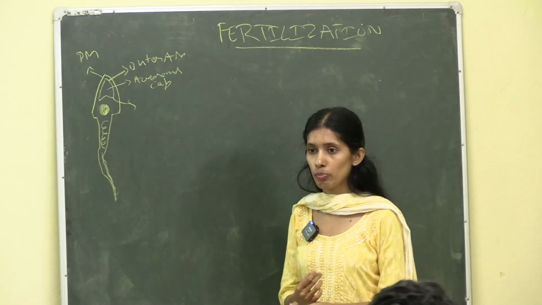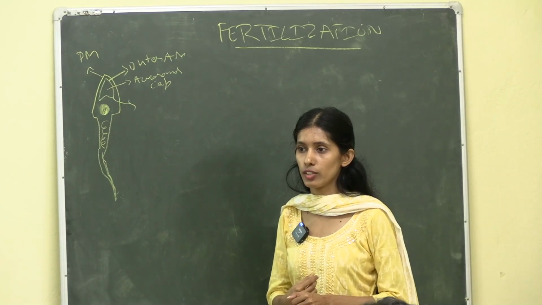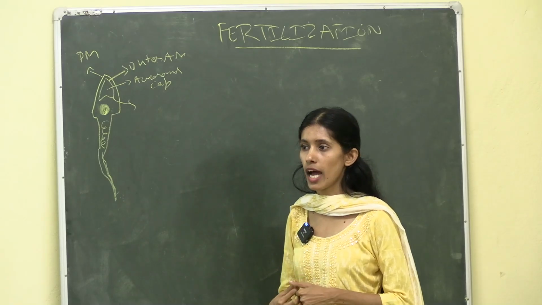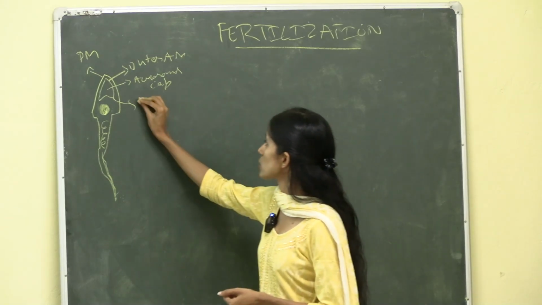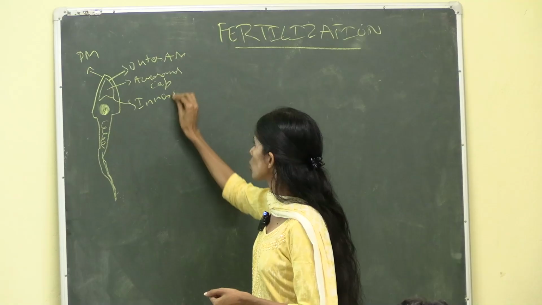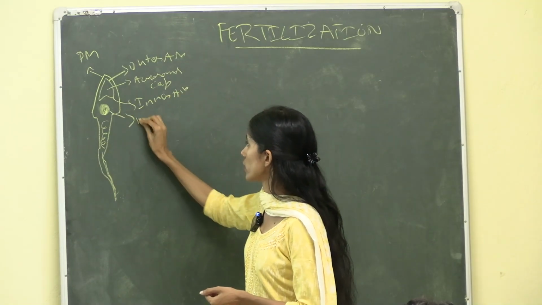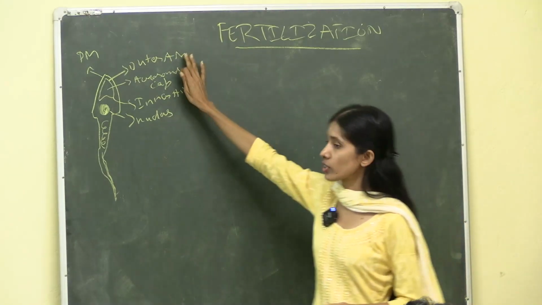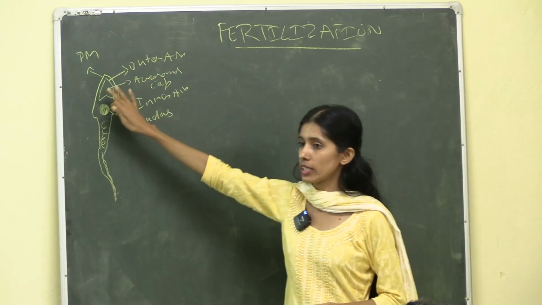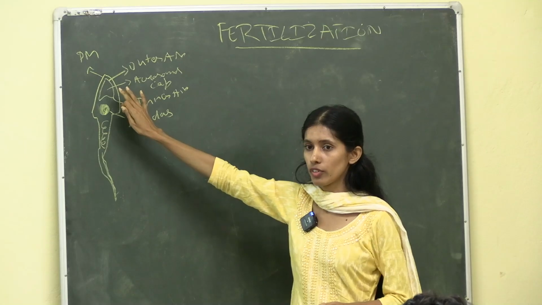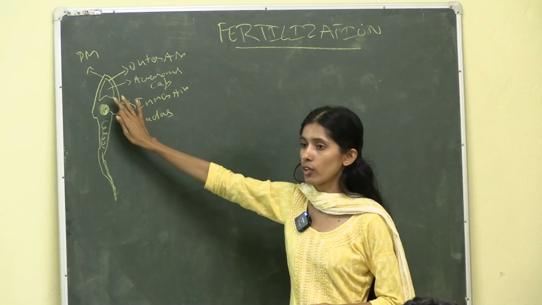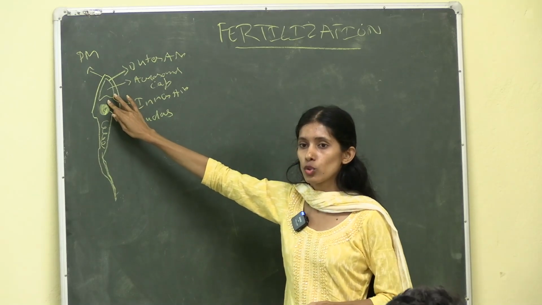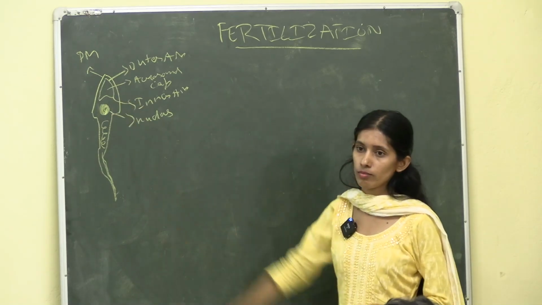Trypsin is a protein digesting enzyme present in the acrosomal cap part. Then the inner acrosomal membrane, which is closer to the nuclear side, followed by the nucleus.